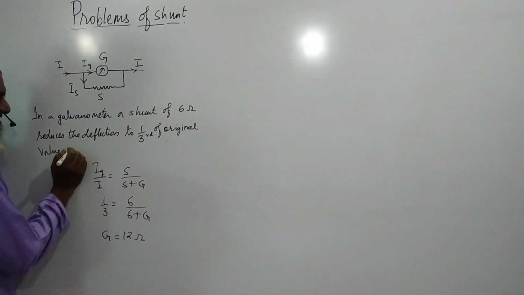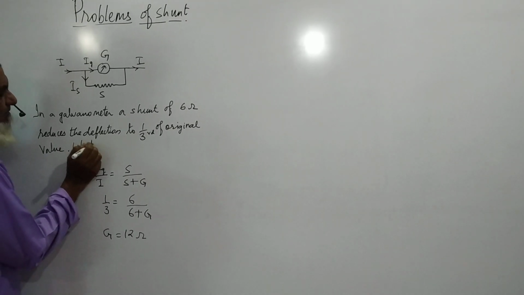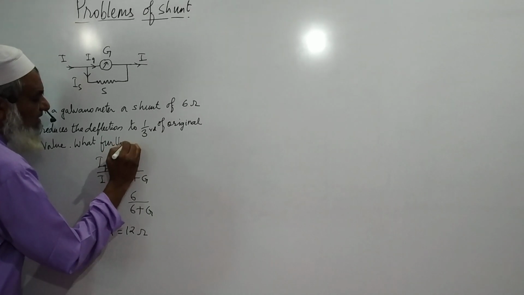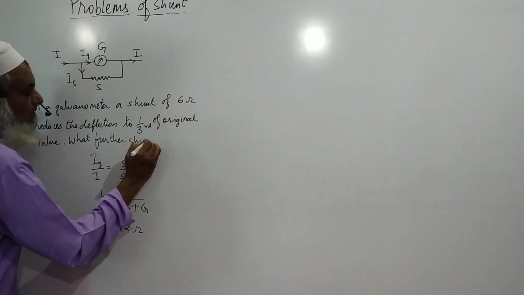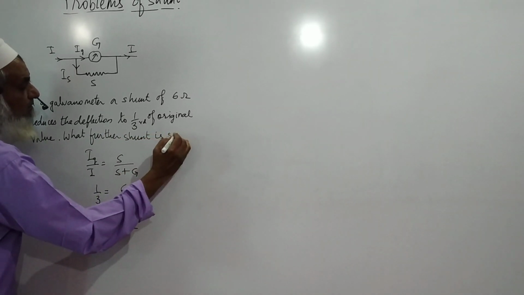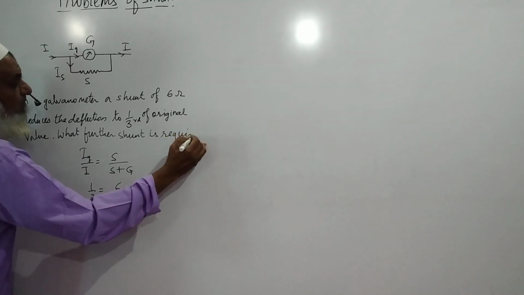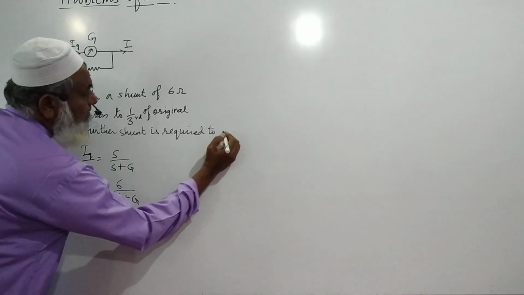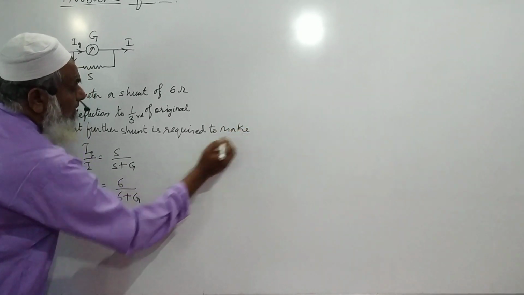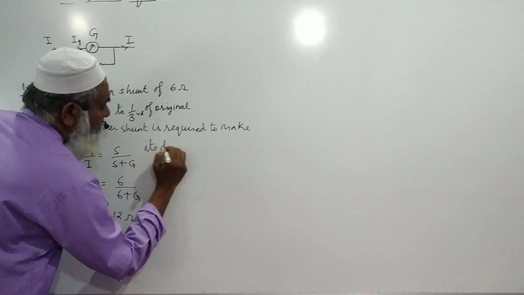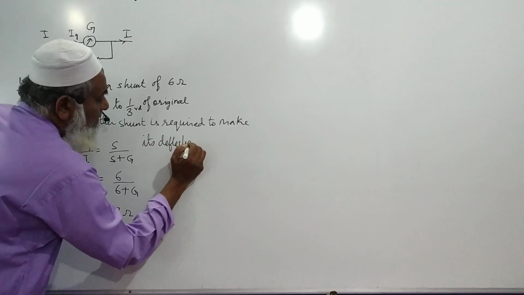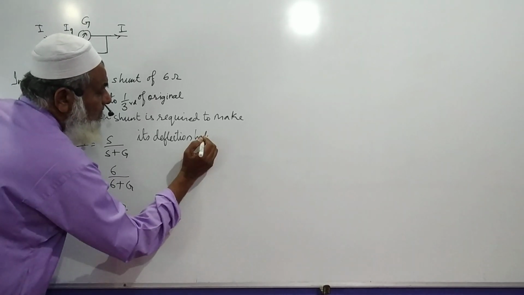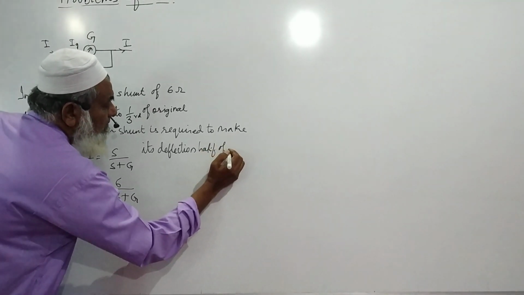Now further what it is asking: what further shunt is required to make its deflection half of the new value.